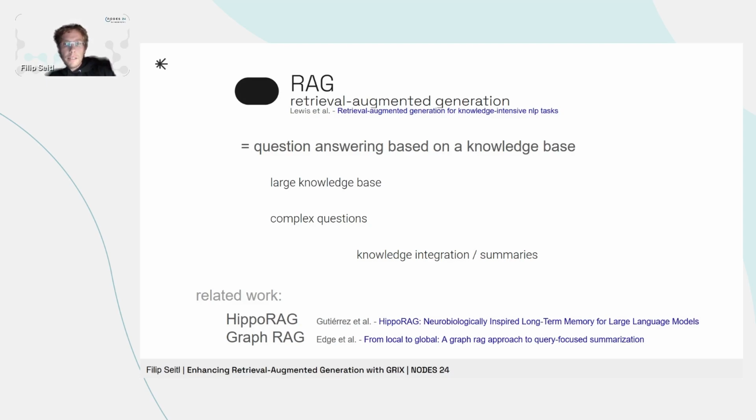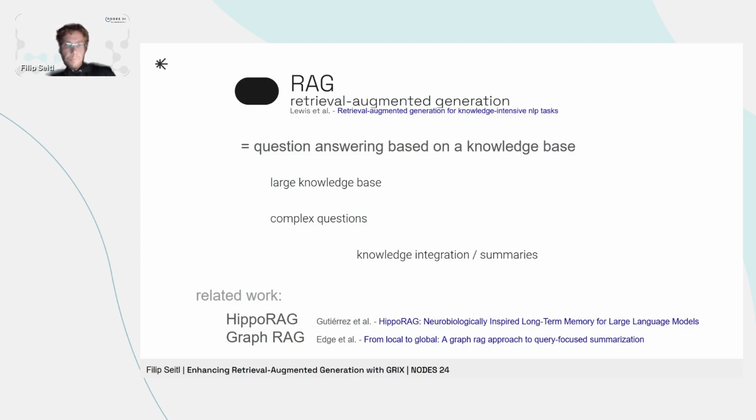Having a complex question, you need somehow to integrate the knowledge throughout the whole knowledge base. But if the knowledge is scattered throughout the knowledge base, then it's difficult for classical RAG to collect it and put it together.